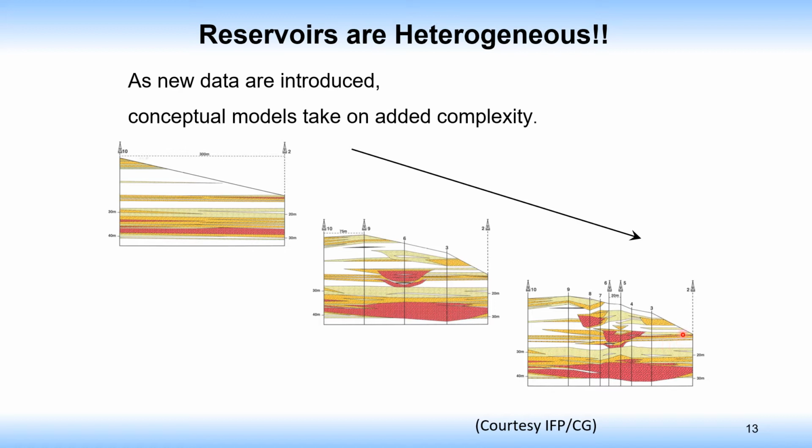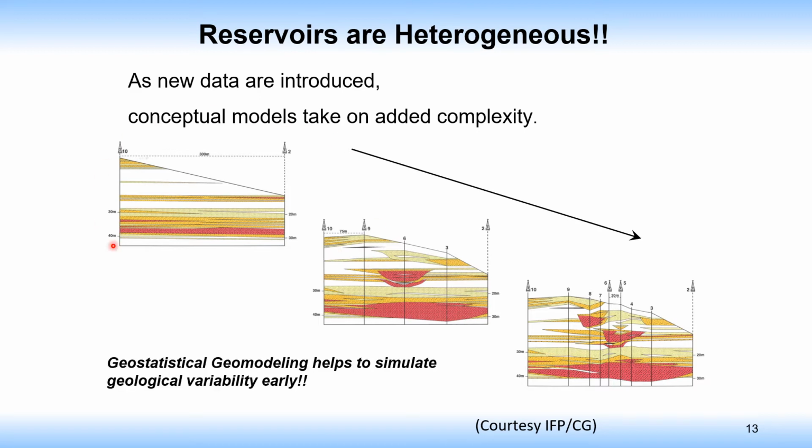So modeling allows us to add complexity early in the early stages of our developments. And so geostatistical geomodeling helps to simulate that geologic variability early and capture the uncertainty with our scenarios.